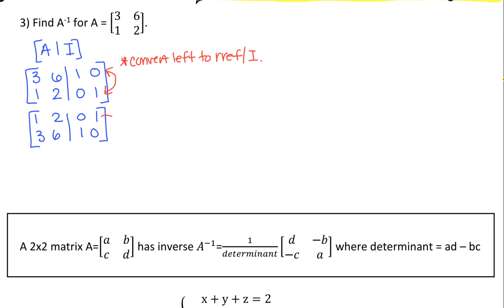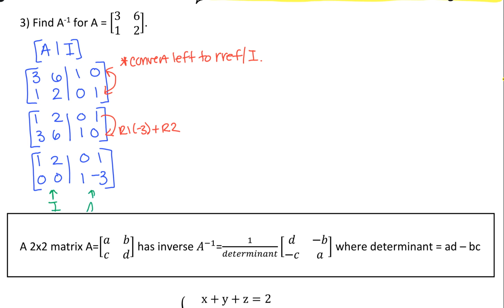And then I'm going to do row 1 times negative 3 plus row 2. So I end up with row 1 staying the same, 1, 2, 0, 1. And now I have, let's see, times negative 3, so I'm going to get a 0, 0, 1, negative 3. Oh, interesting. So in order to find my inverse, I need to make this side into the identity.